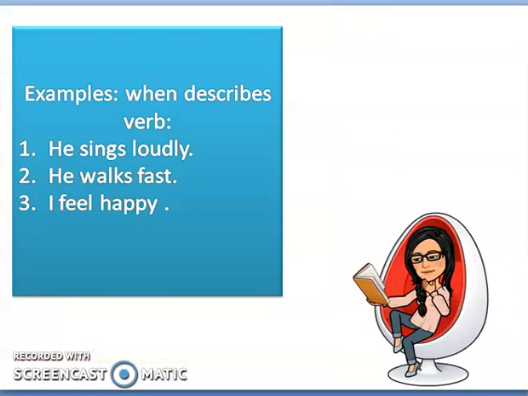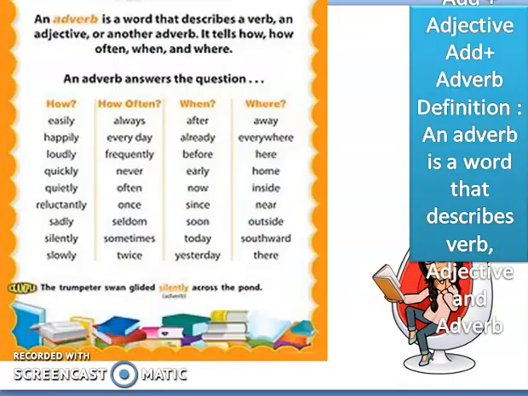Let's read this. Easily. How? Easily. Happily. Loudly. Easily, like how he dances easily. Happily. He sings happily. Loudly. He sings loudly. Quickly. He walks quickly. See how he walks. He walks quickly.